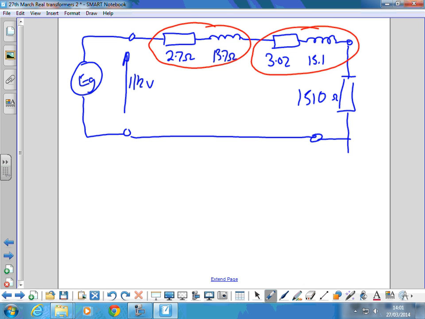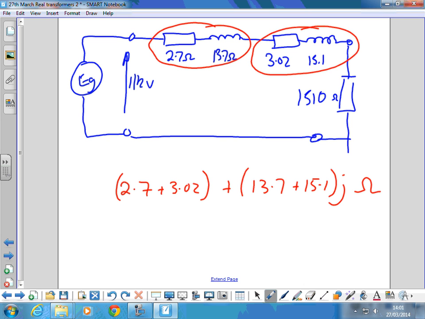So we can combine them together: 2.7 plus 3.02, and 13.7 plus 15.1 is 28.8.